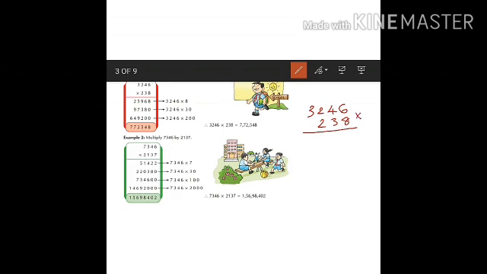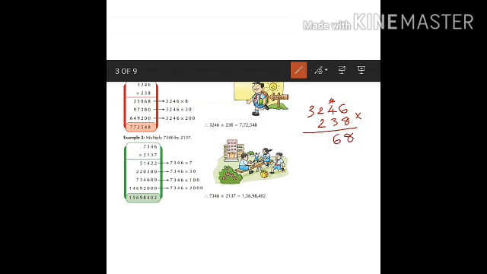We will begin with the ones place, that is 8. 8 sixes are 48. So write 8 here and put the 4 over the 4. Now we have to multiply 8 into 4. 8 fours are 32 plus 4, we get 36.